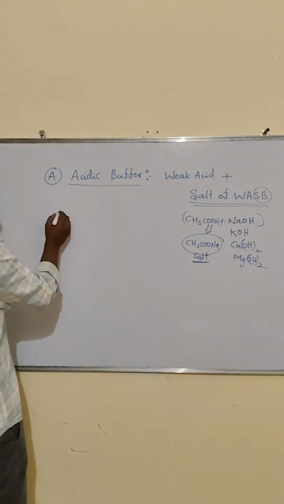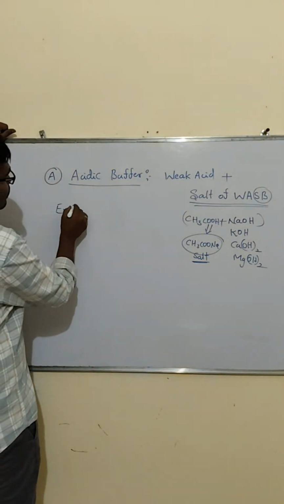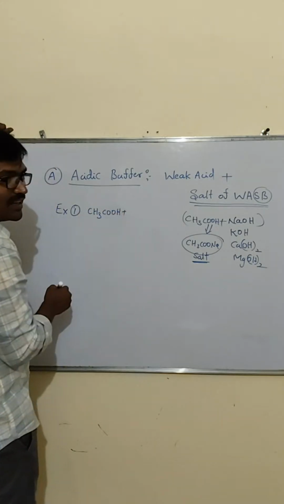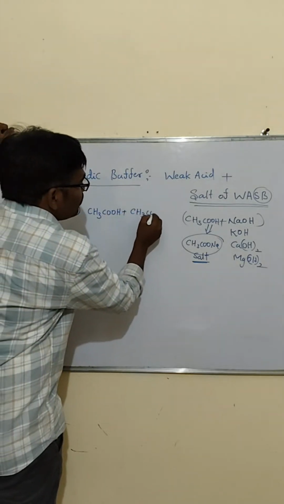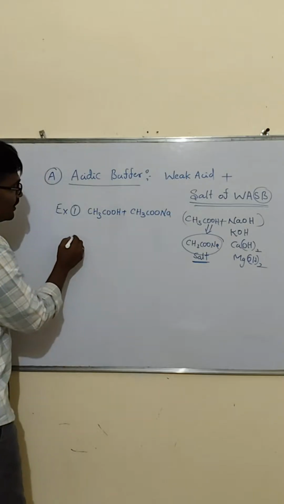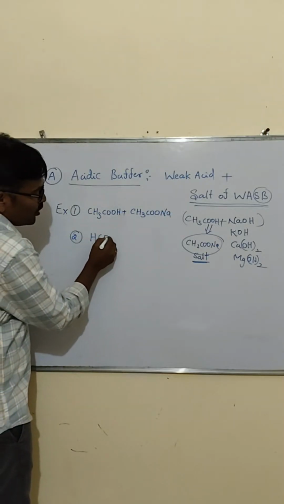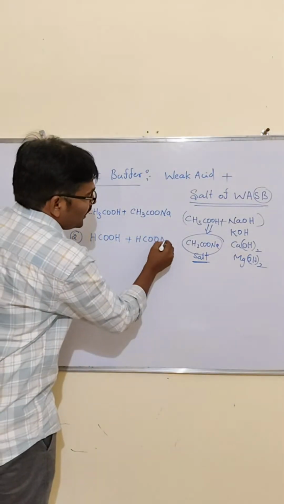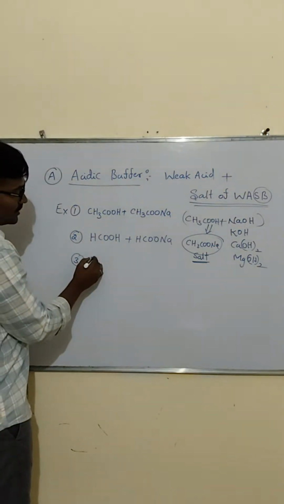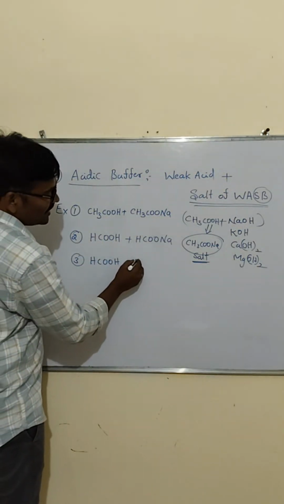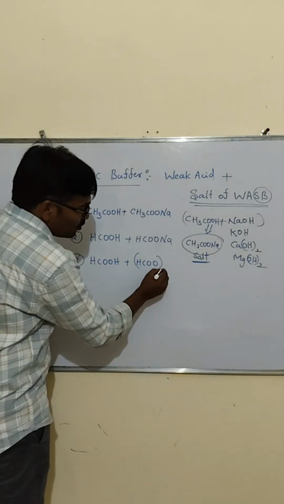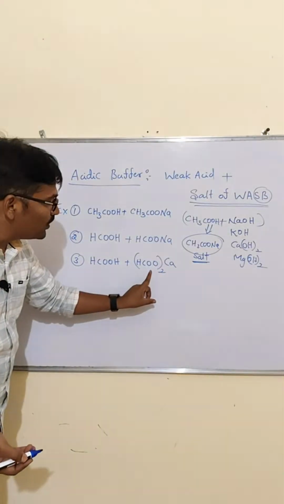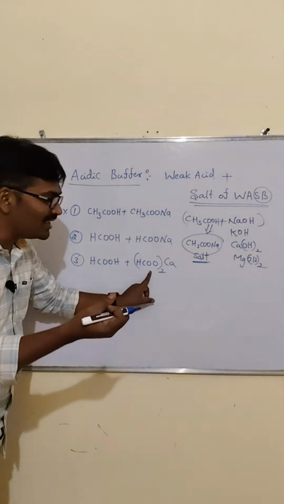For example, number one, weak acid CH3COOH plus CH3COONa. Number two, HCOOH, a weak acid, plus HCOONa. Number three, HCOOH plus (HCOO)2Ca, calcium, the charge is +2, so two ions can attach.